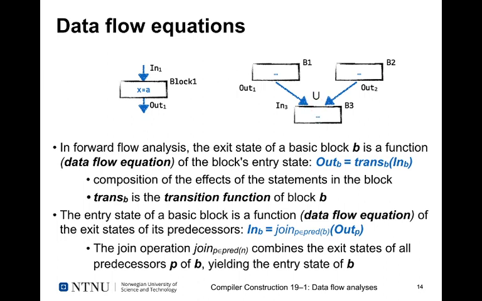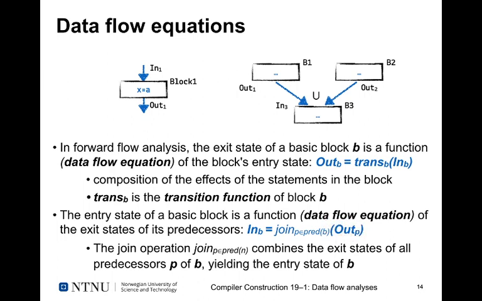As the input set of block B3, we now have to consider the join of both information sets coming in from B1 and B2. So the entry state of a basic block is in general another data flow equation, a function of the exit states of all predecessors. In B is the join of all predecessors of our current block, and of course, we join their output values.